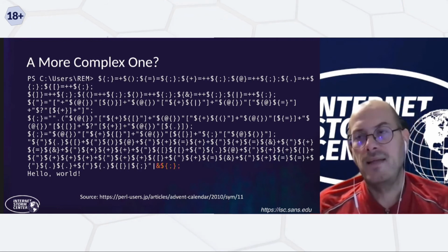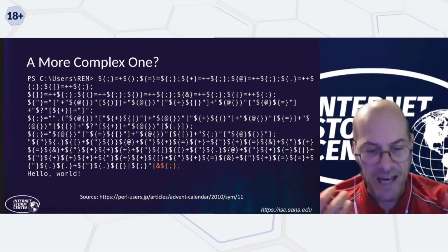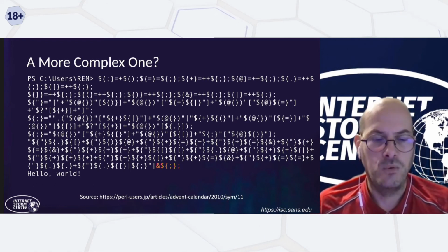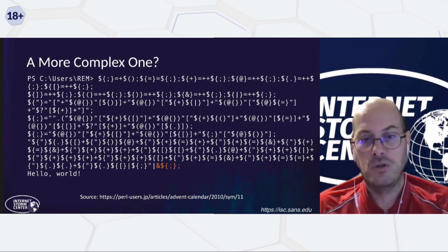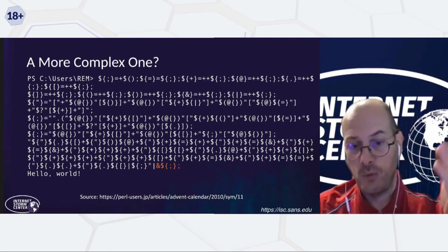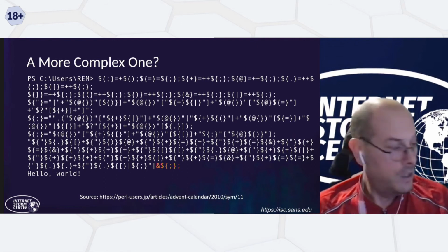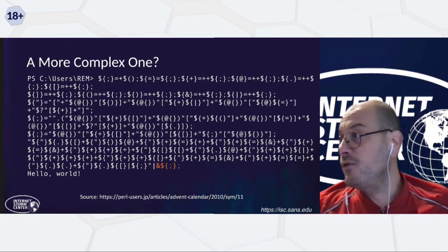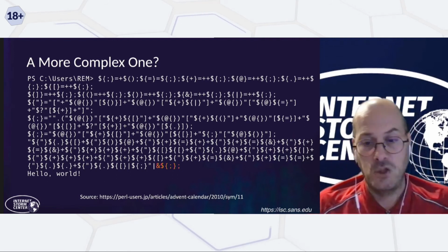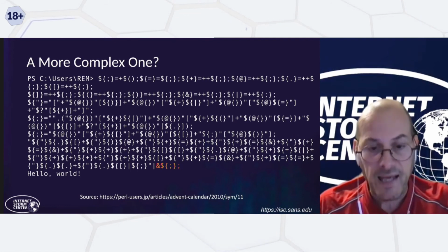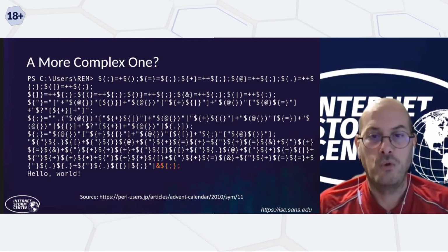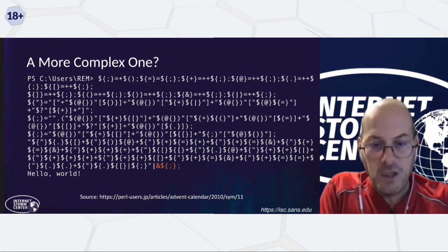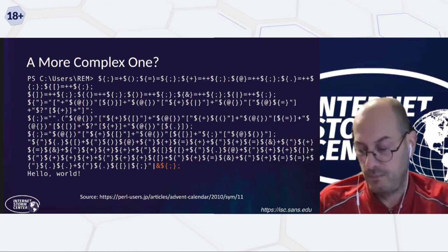It would take a lot of time to explain everything and to go very deep into this technique. I did not write this technique. A guy did a research about this, and you have the link on the bottom of the slide. So if you're interested, just have a look at this URL, and the guy explains really step by step how the obfuscation works, where you need to have the function to encode and the function to decode.